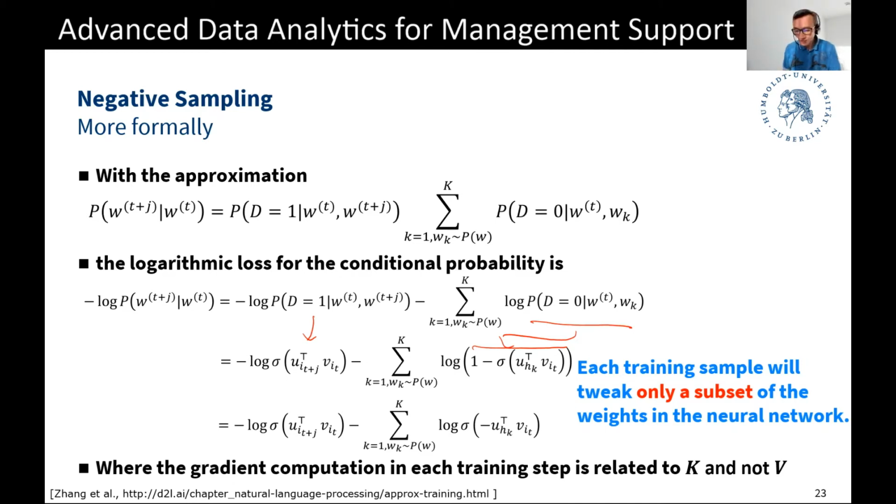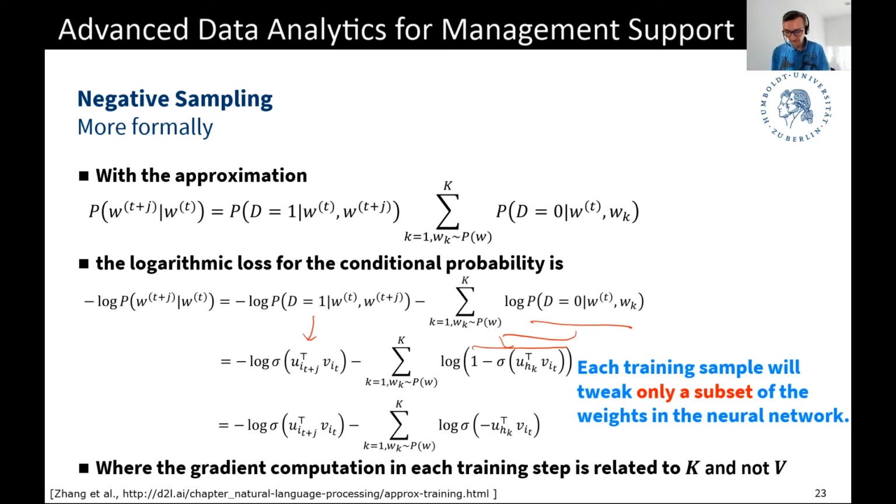And the key implication is that if we feed a single word into our neural network and train that neural network using negative sampling, the single central target word that we put in, denoted by w^T here, which has some embedding vector v, this single example will only tweak a subset of the weights in the neural network.